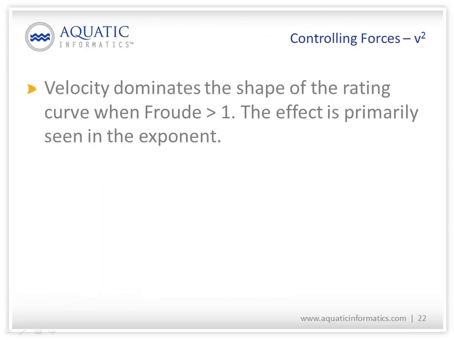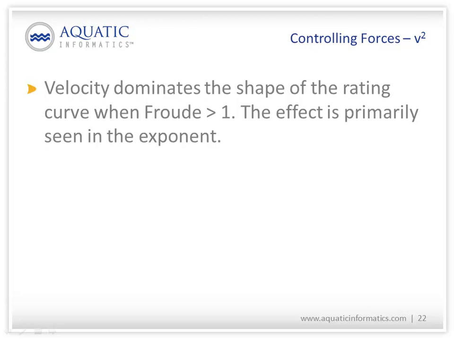Another variable in the head loss equation that we need to pay attention to is velocity, or more importantly, velocity squared. So this becomes problematic for us when the Froude number is greater than 1, when you get a significant portion of the energy at the control reach provided by what's happening upstream. Now we have no measure of what's going on upstream.